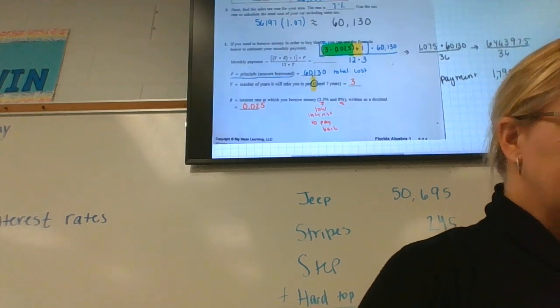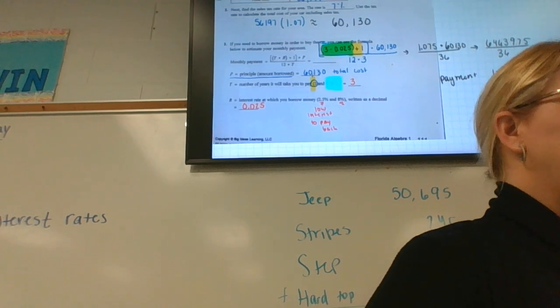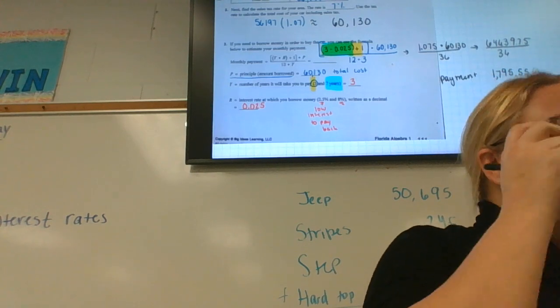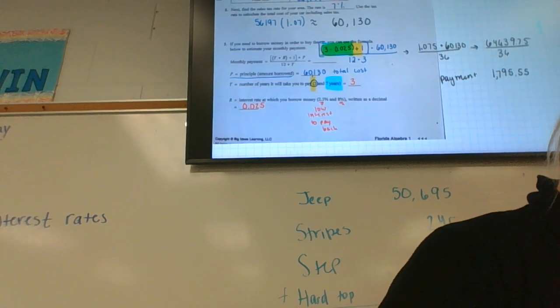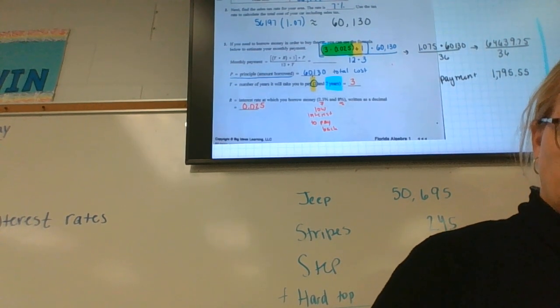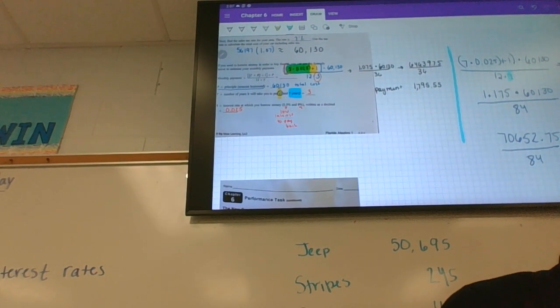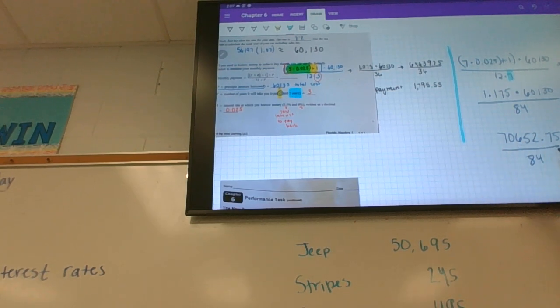Okay, we're gonna do all of that again, but we're gonna see what if we actually take the loan out for 7 years. Now, a brand new Jeep should last 7 years. So let's see if we get a longer loan. This time, because we're borrowing the money for 7 years instead of 3 years, the amount we pay for our car goes up to $70,000 because we paid interest for 7 full years instead of just paying 60.